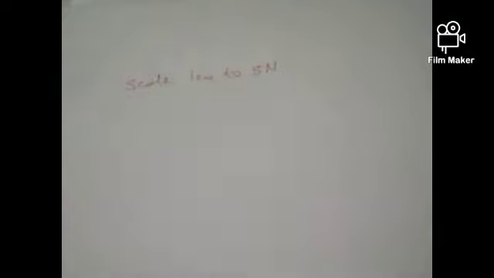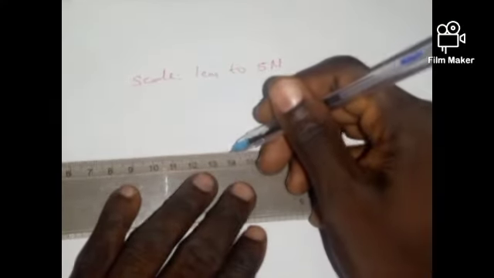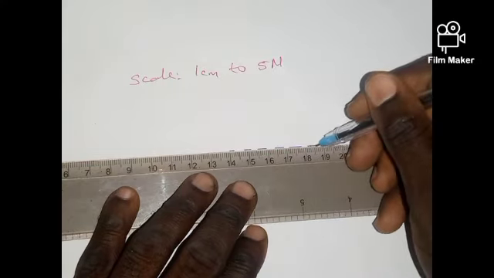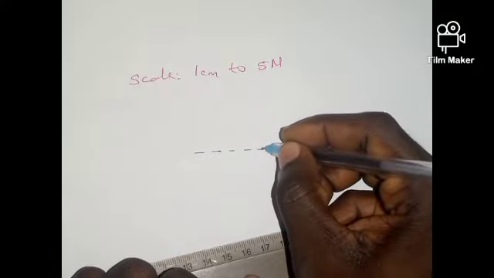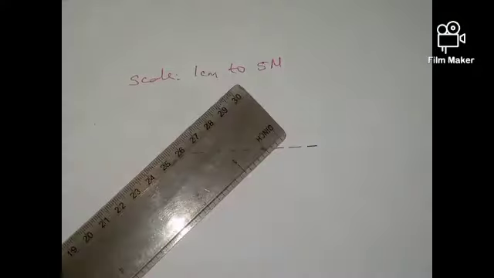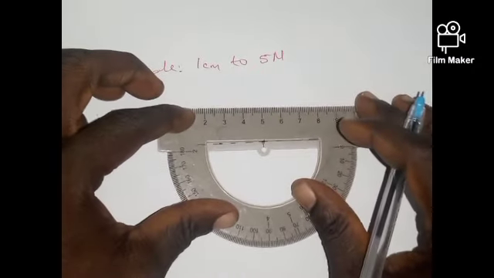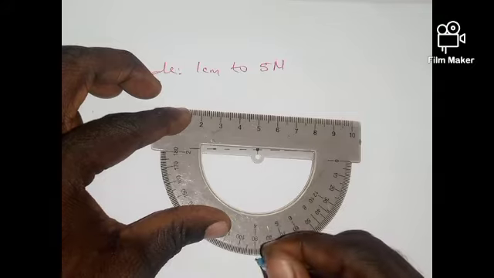First of all, I need to get a right angle triangle. Let me draw a horizontal line, and I am making this point my center. So I have to get 90 degrees from this. So placing the protractor on this, I get my 90 degrees.